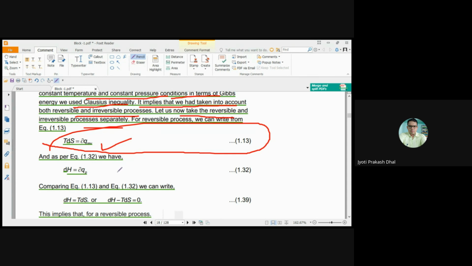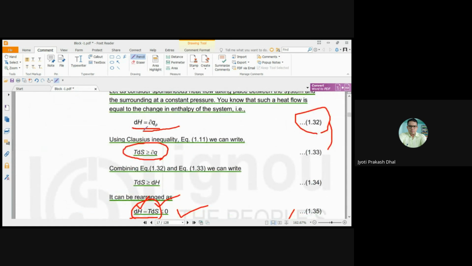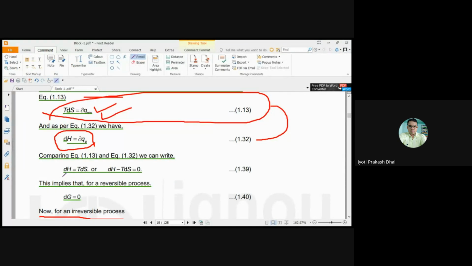And again, if we move to equation 1.32, dH equals del QP. If we combine both the equations, 1.13 and 1.32, we can write dH equals T dS, or dH minus T dS equals 0.